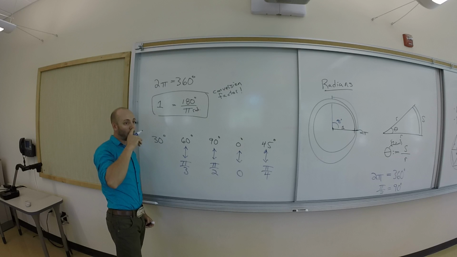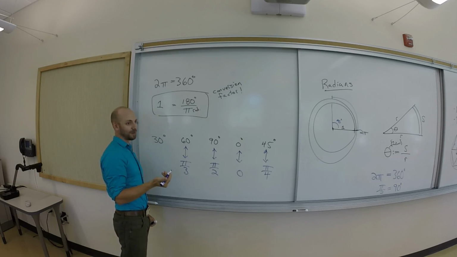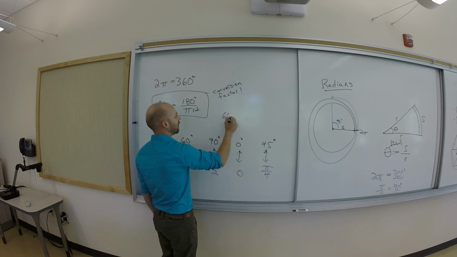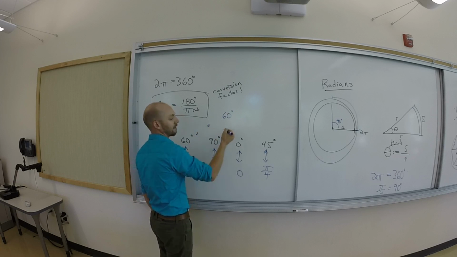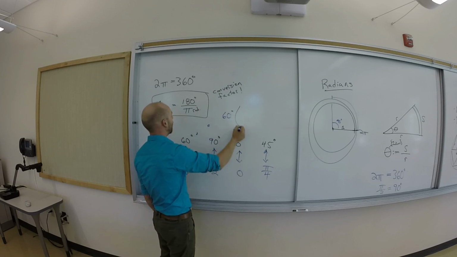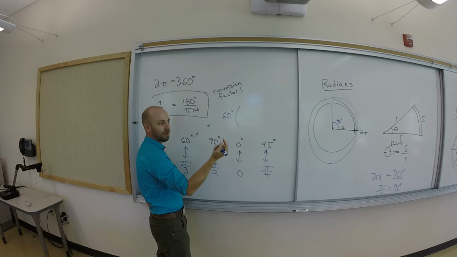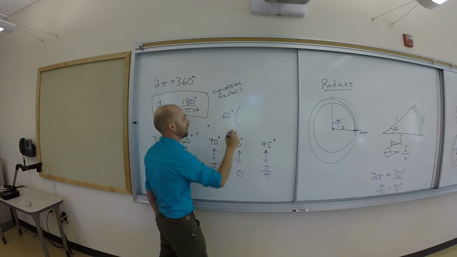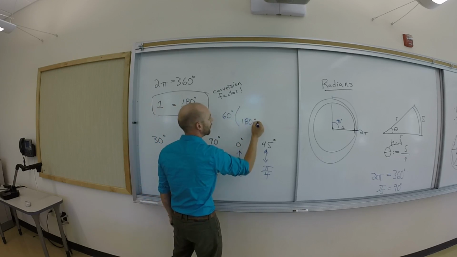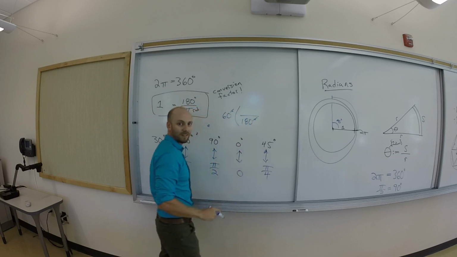Or, if this is going over your head a little bit, you can think: I've got 60 degrees, and I want to multiply by this thing with degrees on the bottom. I want 180 degrees so the degrees cancel.